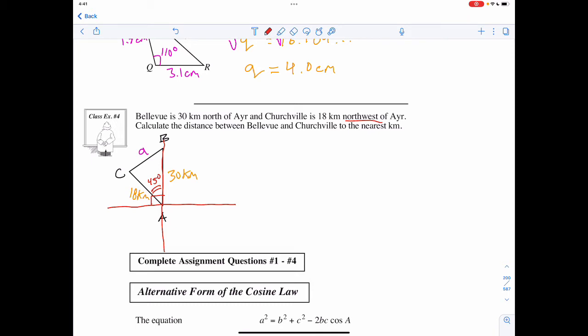So now I know what angle A is, I know what side length B is, I know what side length C is. I'm trying to solve what side length A is. A squared is equal to 18 squared plus 30 squared minus 2 times 18 times 30 times cos of 45.